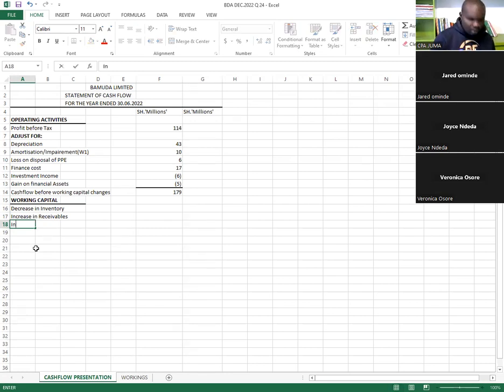Also, we had an increase in payables. So payables went up that way.